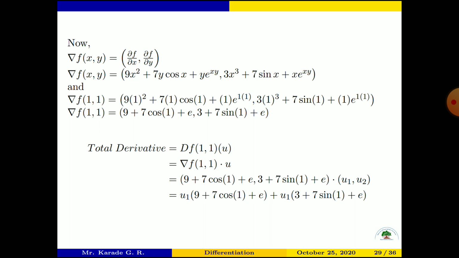If I take a dot product, you will get a scalar quantity. So the total derivative is nothing but a scalar quantity: u1 into bracket 9 plus 7 times cos 1 plus e, plus u2 into 3 plus 7 times sin 1 plus e. So in this way we find the total derivative of the given function at point 1 comma 1 by using the relation between the total derivative and the gradient of a function f.